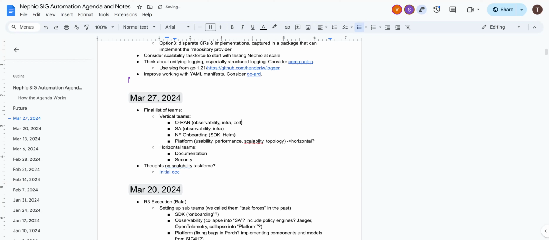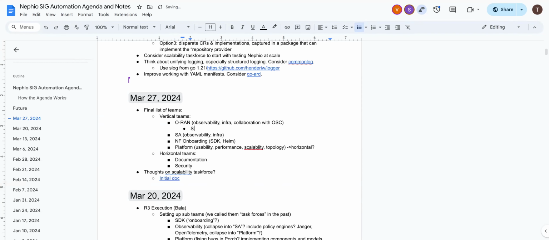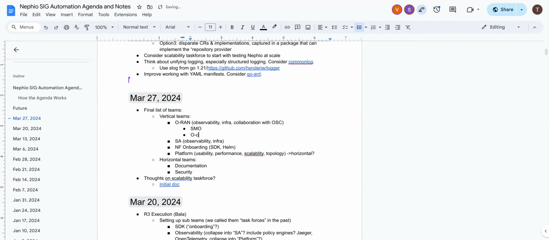So probably at this point of time, I'm kind of tempted to break ORAN into 2 teams, ORAN SMO and ORAN OCloud, because most likely the people who are looking at ORAN and OCloud are maybe separate, maybe different.